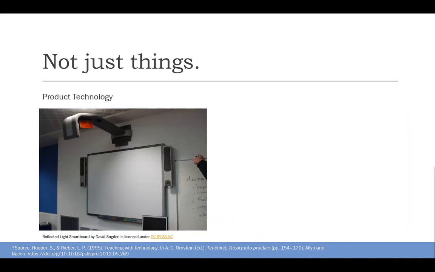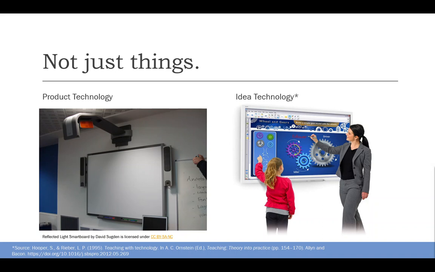How about this one? If we have a smart board, this is a thing. But if we look at one of the ideas behind the smart board, it could be that the teacher and the learner or multiple learners can work together in the front of the room on a board. Now, how is that different than a chalkboard, you ask?